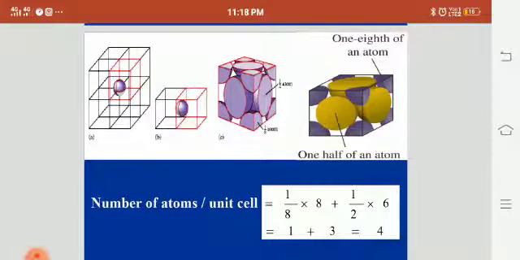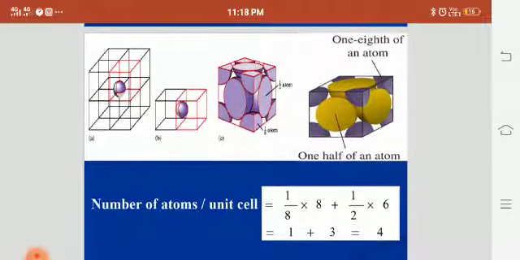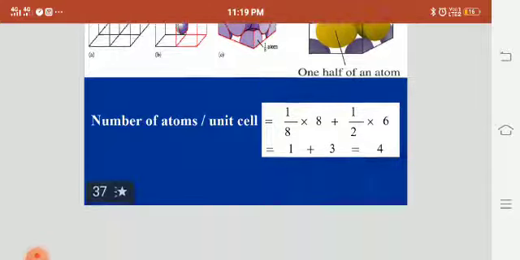Based on corner atoms, we have 1 by 8 into 8 atoms, that is 1 atom. Based on face centers, we have 1 by 2 into 6. Totally we have 3 atoms. So the number of atoms per unit cell for FCC structure is 1 plus 3 is equal to 4, where 1 is from corner atoms and 3 is from face-centered atoms.